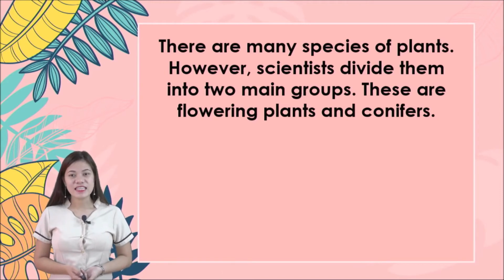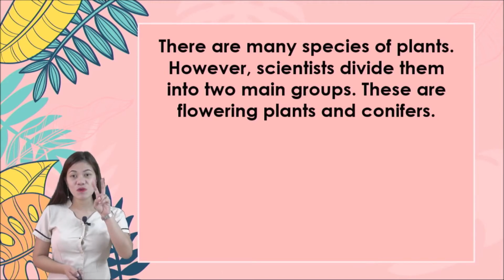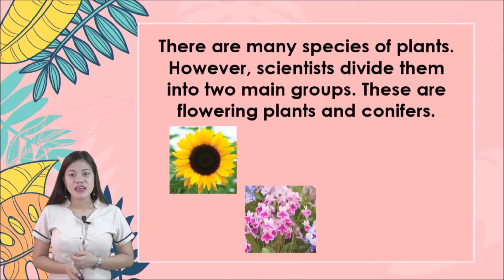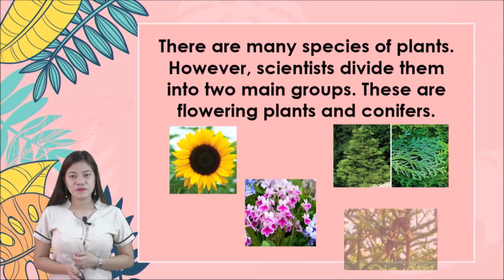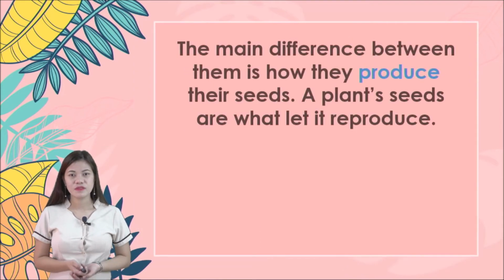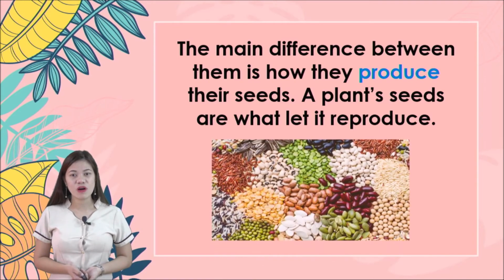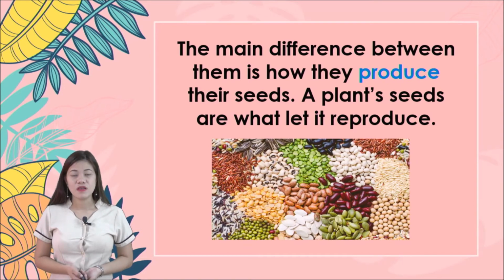However, scientists divide them into two main groups, and these are flowering plants and conifers. The main difference between them is how they produce their seeds. A plant's seeds are what let it produce. So what does it mean, produce? Produce means make.